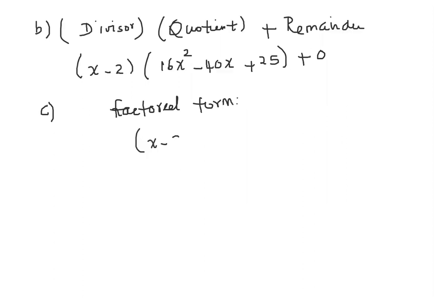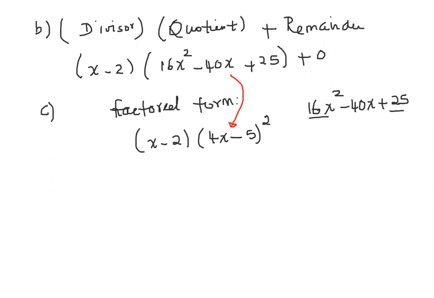Which is x minus 2 times 4x minus 5 squared. I will show you the work here. It's a perfect square binomial. The square root of 16 is 4 and 25 is 5 and the middle sign is minus. So it's going to be twice, 4x minus 5 times 4x minus 5. And the last part is we have to solve.